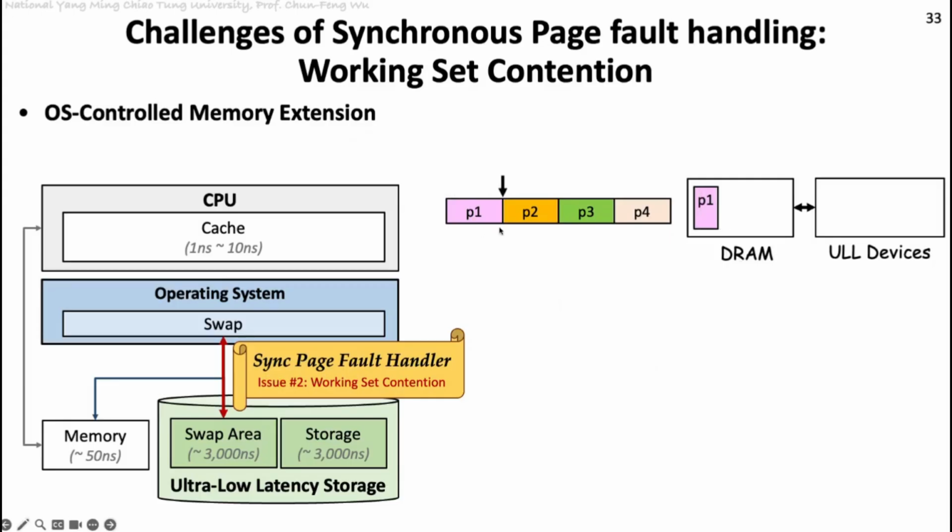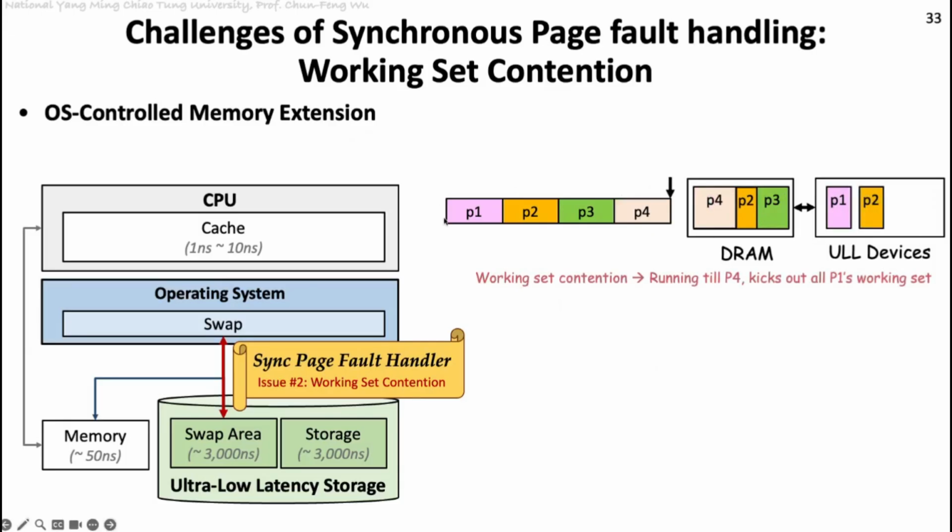So P1 will be stopped only when the time slice is exhausted. P2 does the same thing. So now inside the DRAM, there are P1's and P2's working sets, and then P3's. Okay. But when P4 is running, because there is no room in DRAM, part of P1's and P2's working sets will be evicted to the ultra low latency device.